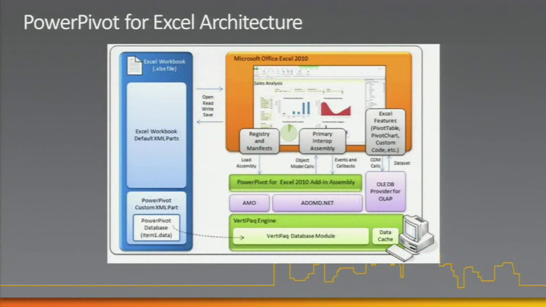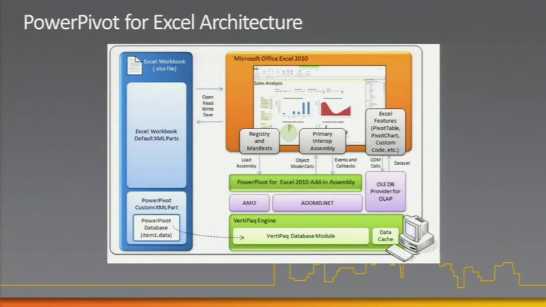The one thing that I did want to point out is in terms of the architecture. Prior to Power Pivot, Excel could connect pivot tables to SQL Server or to Analysis Services, other data sources.